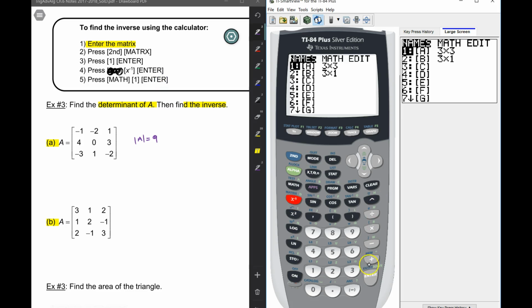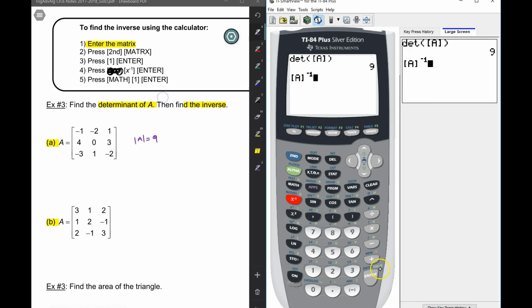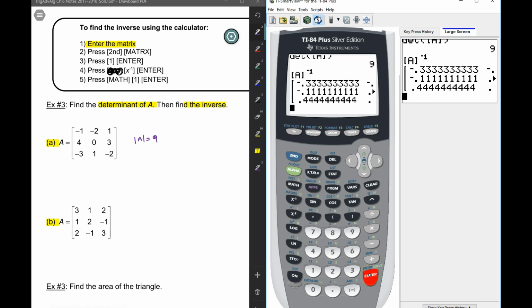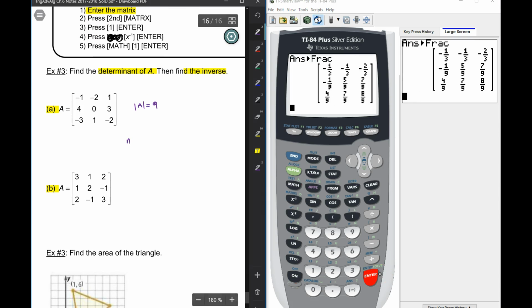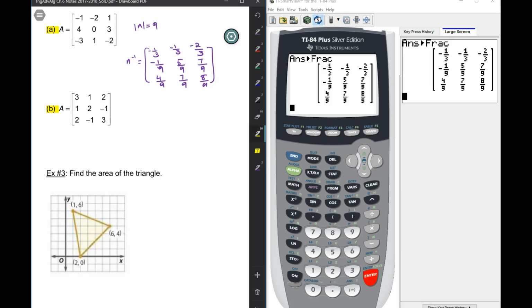And then the inverse is this, but we have to convert it to fractions. Okay? So that will be the inverse.